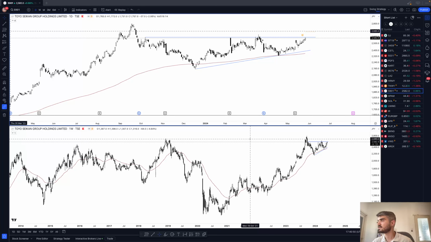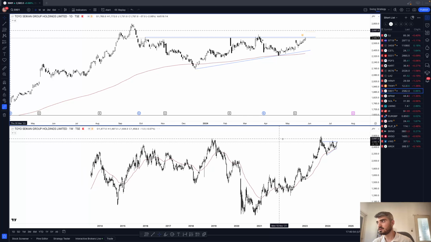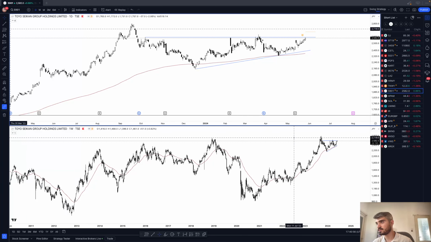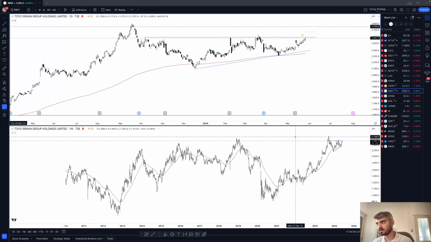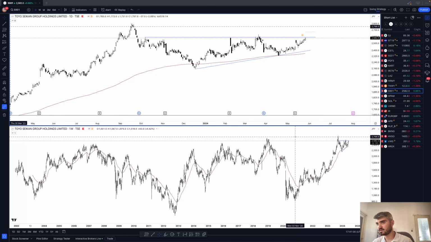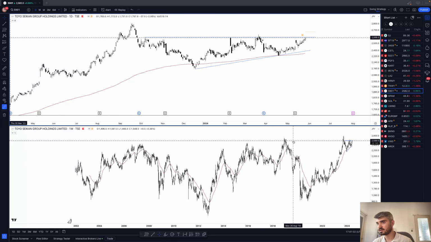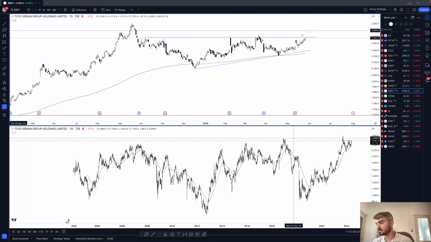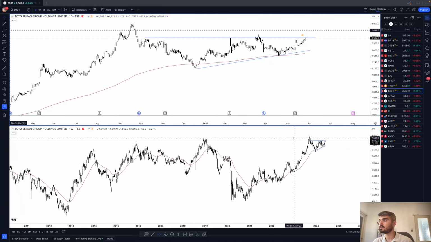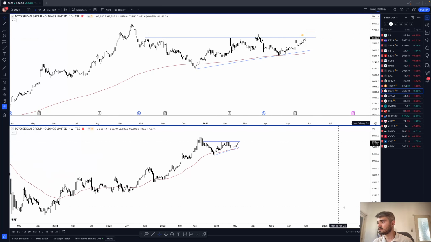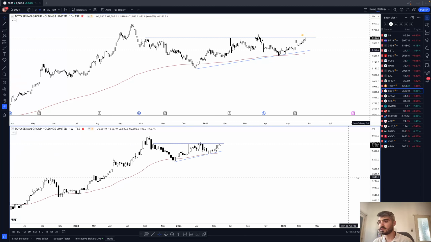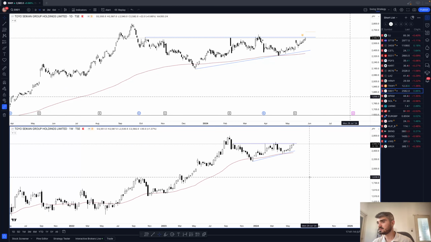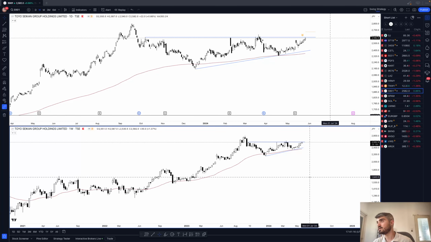Once again, same as I said on TKWY a moment ago, this ascending triangle is forming at all-time highs. So it's quite an area. But once again, it is a bias, as I said, and I should be aware of that.